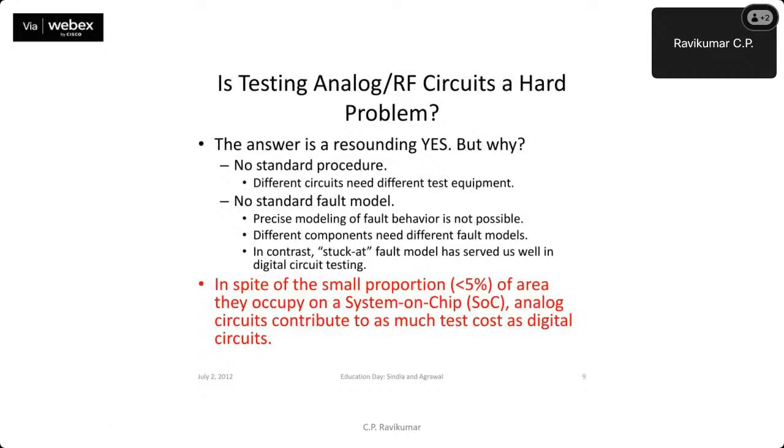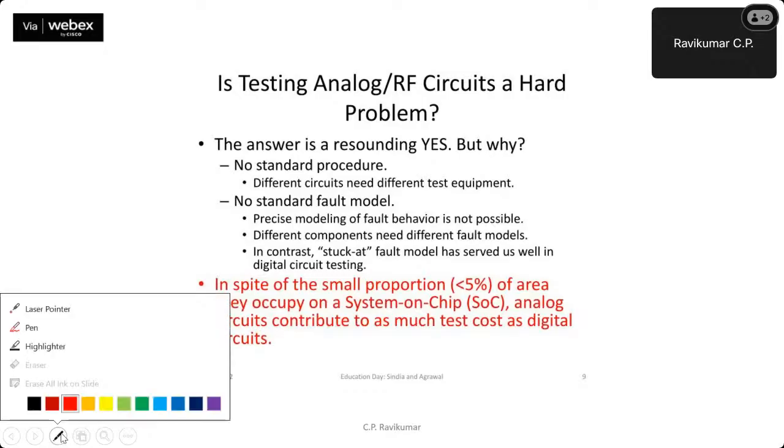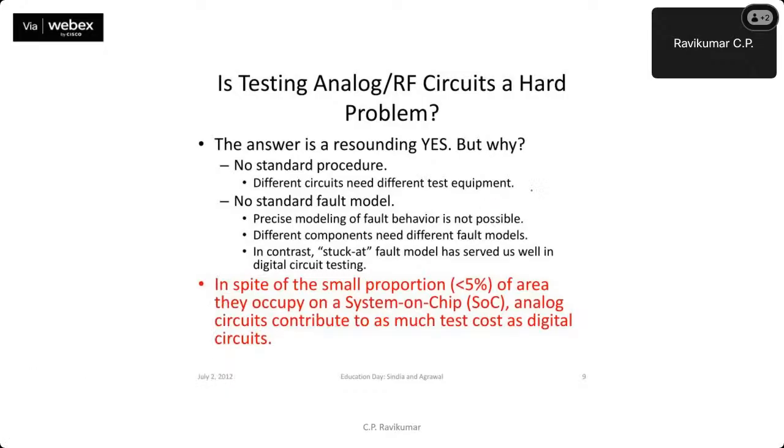So compared to digital logic, testing of analog and RF circuits is much harder, right? Mainly because you would need all kinds of equipment to test analog and RF components, right? In digital, you see, we have waveforms which are simply zeros and ones, right? If I have this digital data, I will look at it as 0 1 0 1 or something like that.